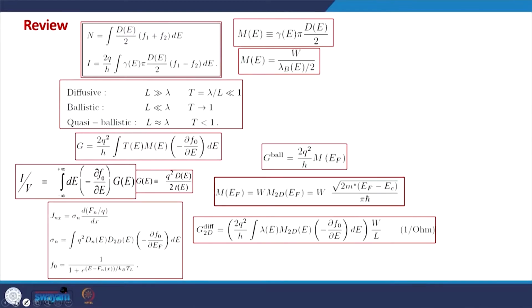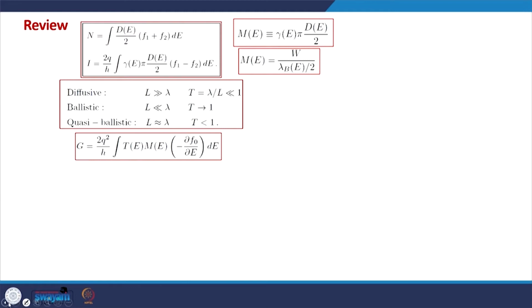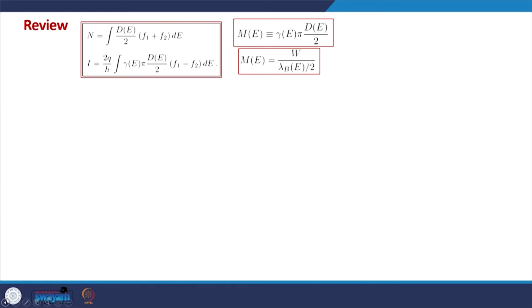So before going into this new topic, let me quickly review what we have been discussing in the last few classes, and this is what we have seen in the general model of transport.